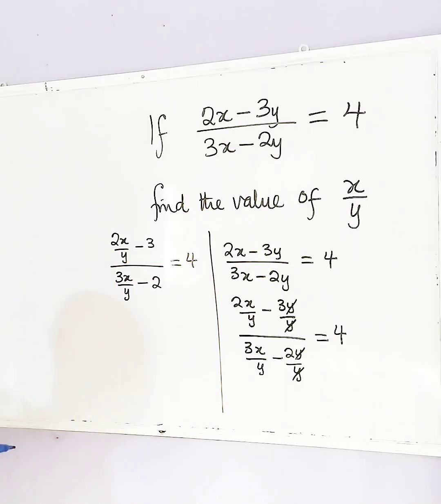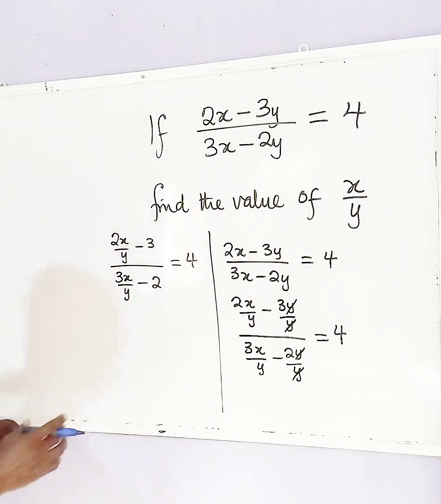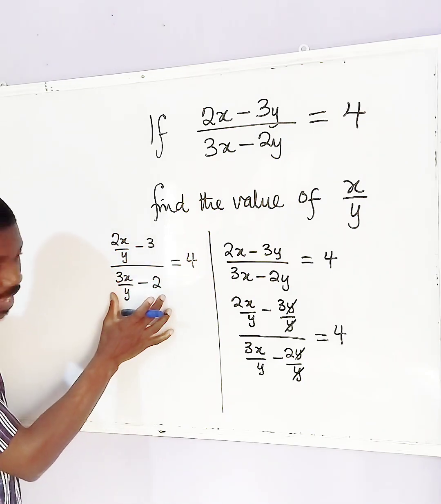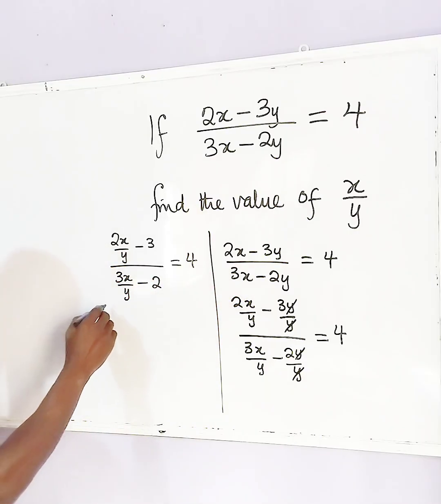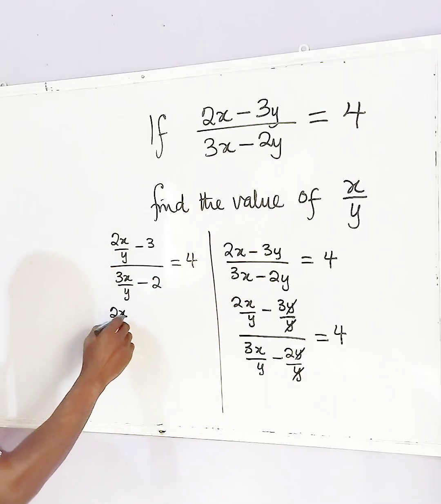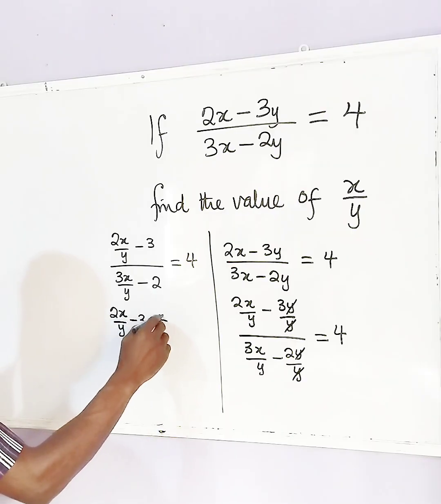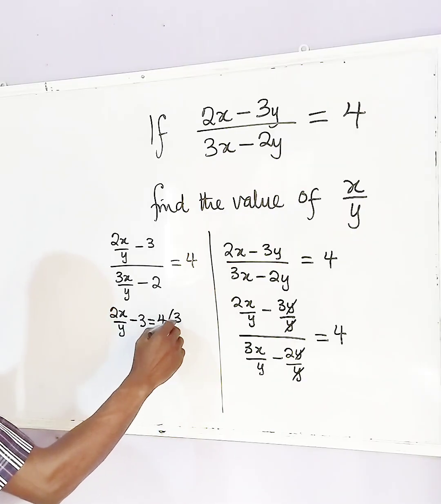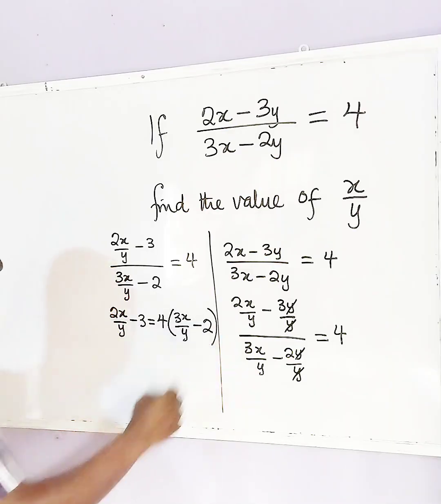So what do we do next here? Let us cross multiply. By cross multiplying, the denominator here multiplies through by 4. So we are left with 2x over y minus 3 equals 4 times (3x over y minus 2).